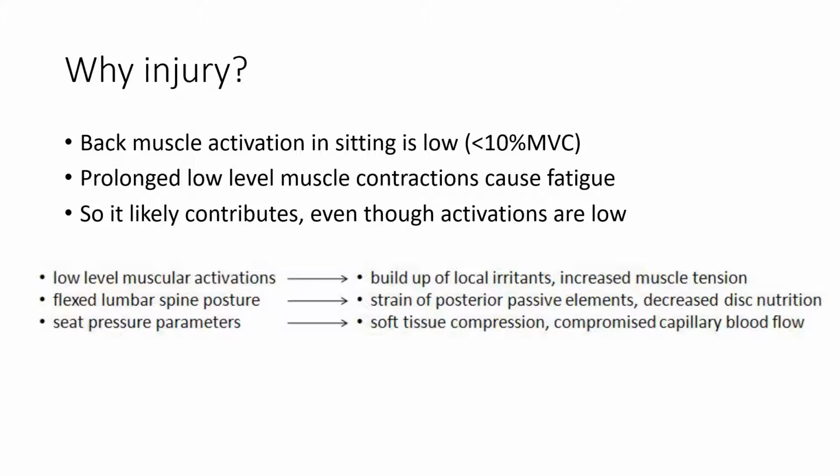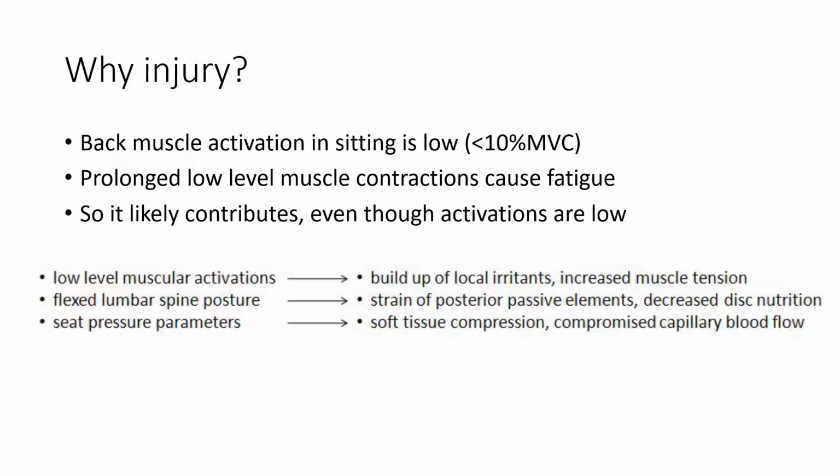Besides continuous overloading of our intervertebral discs, we have other conditions that predispose people to musculoskeletal injuries during prolonged sitting. It's true that our muscles are not so active during sitting. Our back muscles may be active less than 10% of their maximal voluntary contraction.